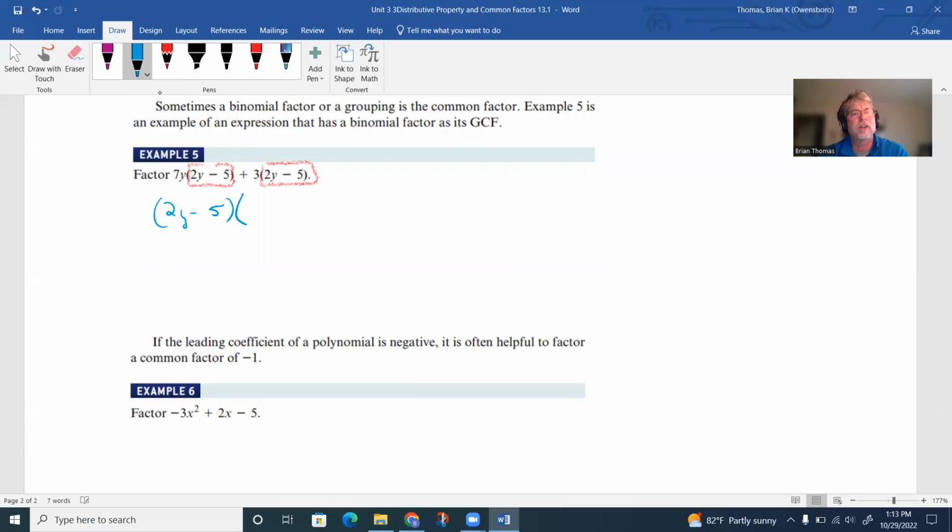And then in parentheses, we write the remaining two factors, which would be the 7y plus 3. So that would be described as the factored form. So the common factor has to come out in parentheses, and the remaining factors, the remaining terms, have to be put inside the parentheses. So this becomes a factored form where we have a binomial times a binomial, and that's considered a factored form.